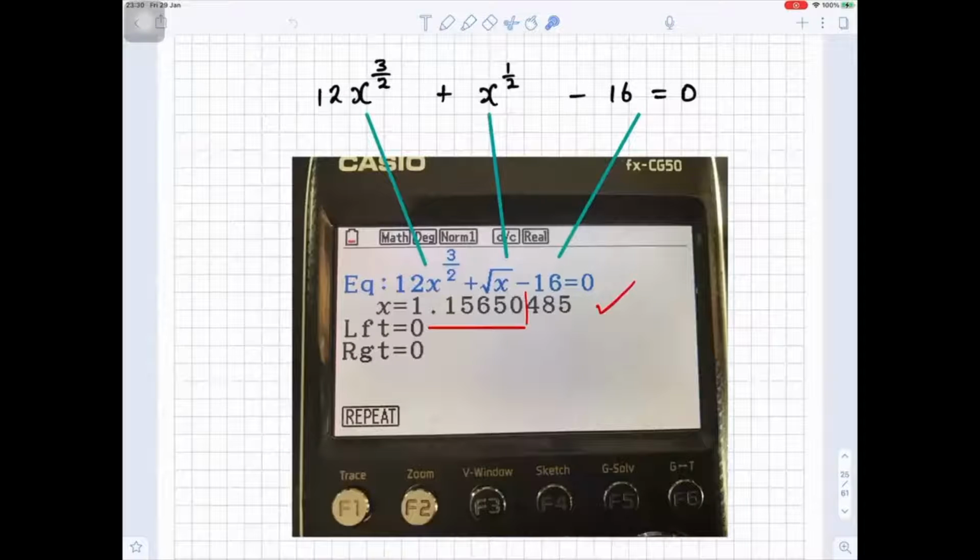If you put that equation, 12x to the power 3 over 2 plus x to the half minus 16 equals 0, that's the equation where we made x the subject in the iterative formula.